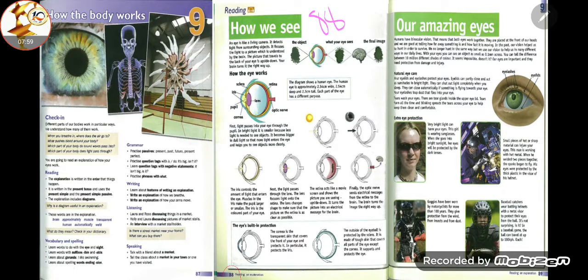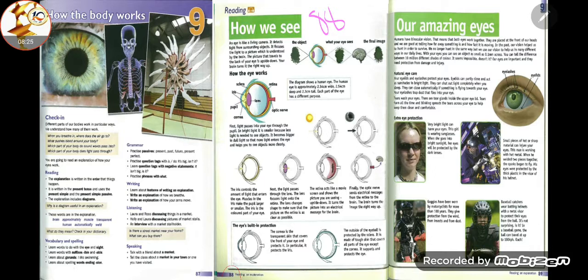How the eye works. The diagram shows a human eye. The human eye is approximately 2.54 centimeters wide, 2.54 centimeters deep, and 2.3 centimeters tall. Each part of the eye has a different purpose. First, light passes into your eye through the pupil.